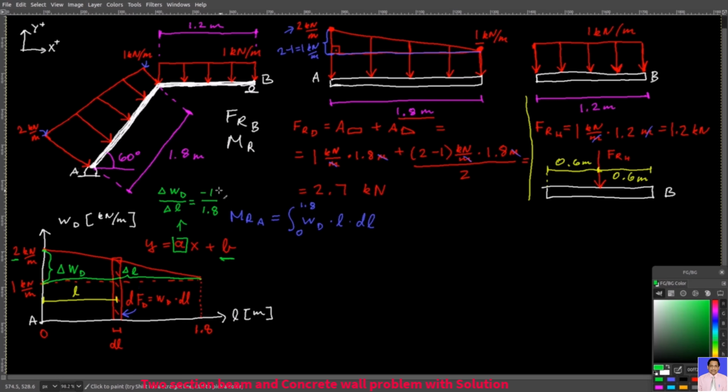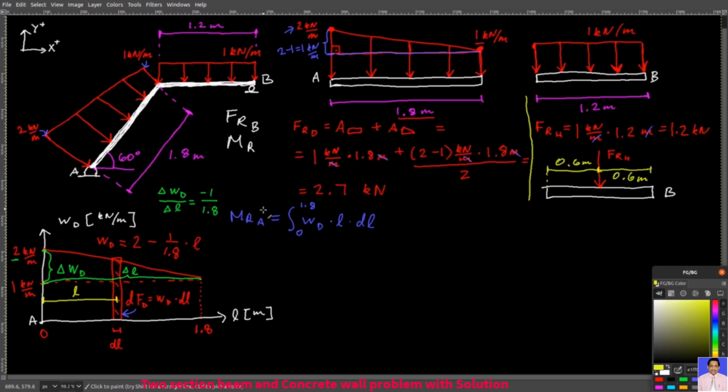So that's your slope. And then this x here, that's actually your L. And then this y, that's your WD. And so that means that the function of this line is WD equals 2 minus 1 over 1.8 times L.